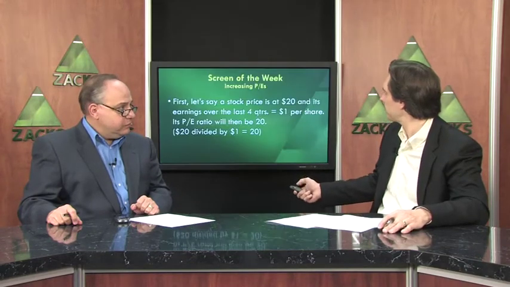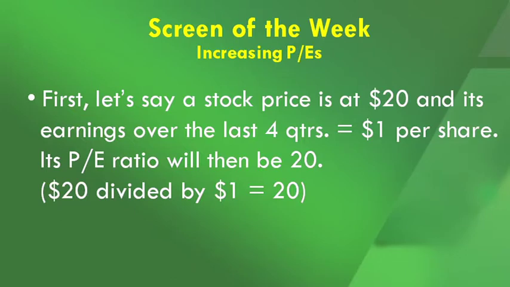All right, let's go to these slides. First off, let's say that you've got a stock and the price is at $20 and its earnings over the last 4 quarters equals $1 a share. The PE ratio will be 20. $20 divided by $1 equals 20 PE, right?